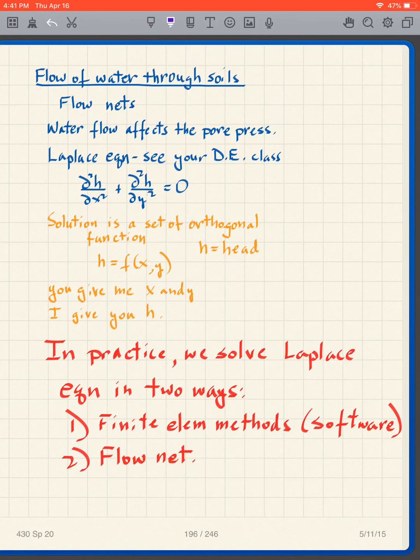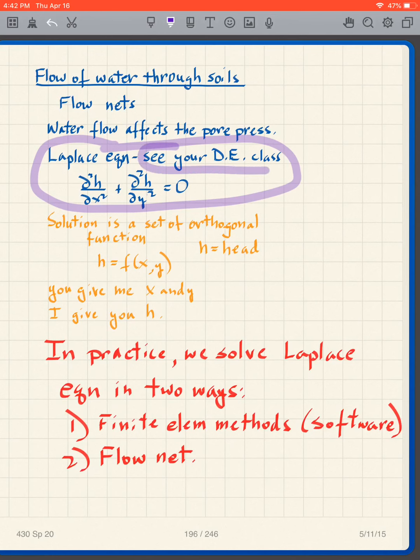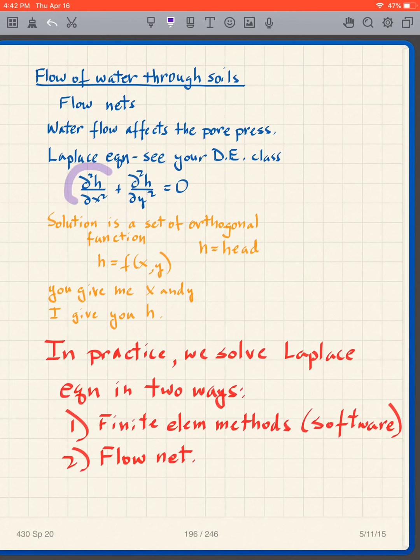The equation that governs the behavior of water flow is the Laplace equation, which you covered in your differential equations class. And this is the way that we're going to be using it. Second derivative of h with respect to x plus the second derivative of h with respect to y equals 0.